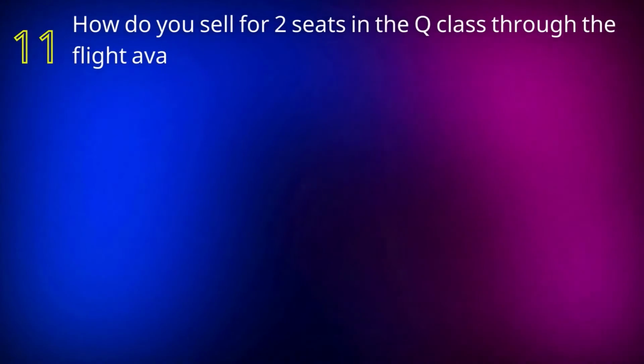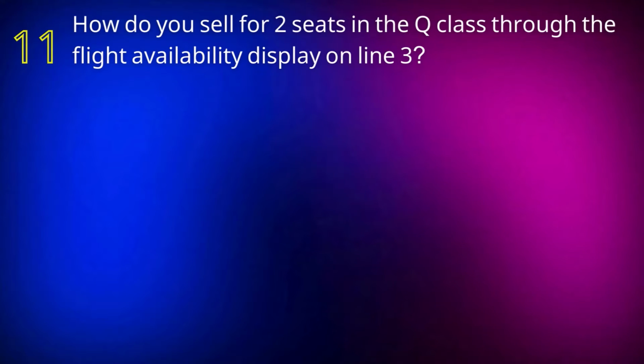How do you sell 2 seats in Q class through the Flight Availability display on line 3?